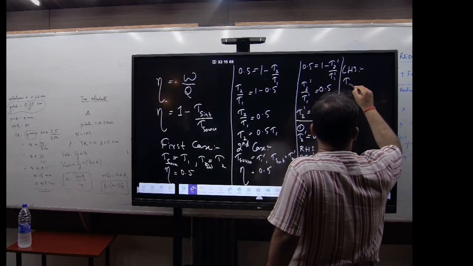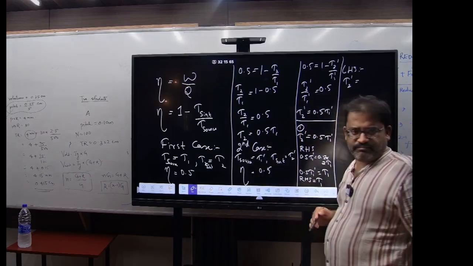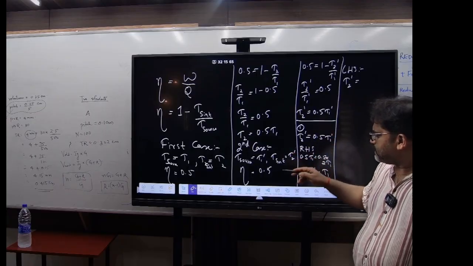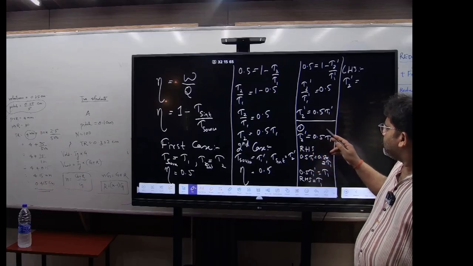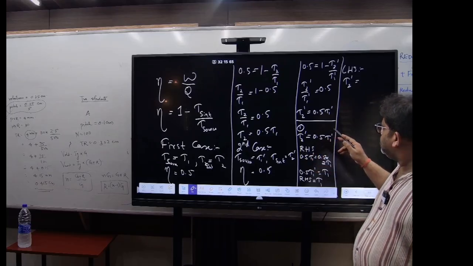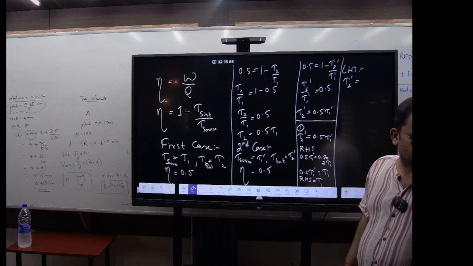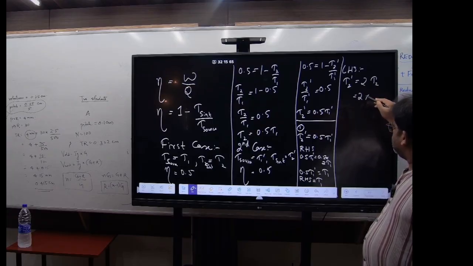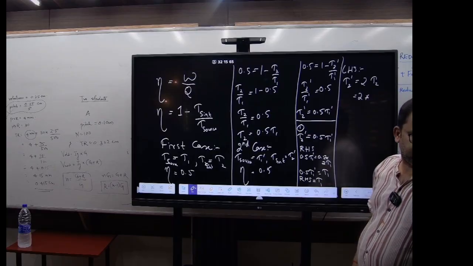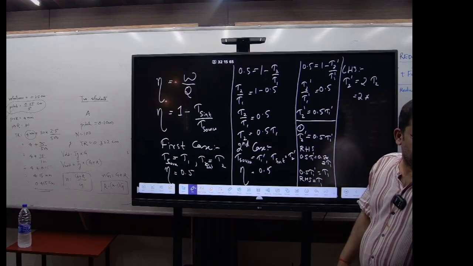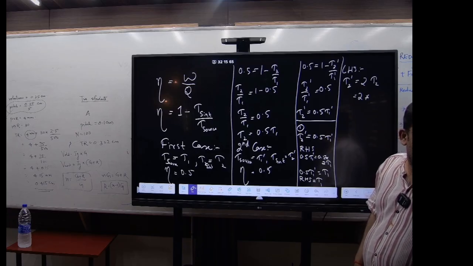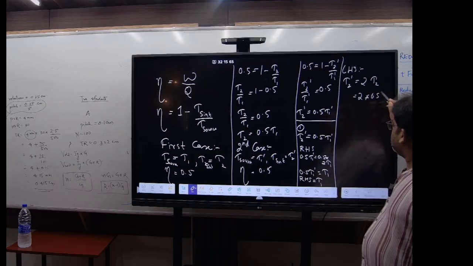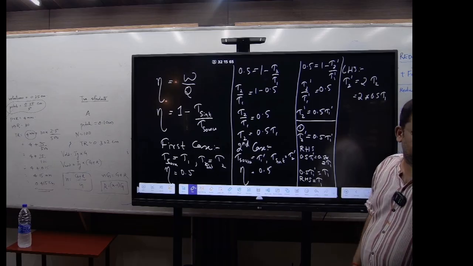So in LHS, we get T2 prime. Correct? Now what is T2 prime equal to? So T2 prime is equal to 2T2. Okay. Now what is this T2 in terms of T1 from this equation? Correct, loudly. 0.5 T1. Now what is 2 into 0.5?